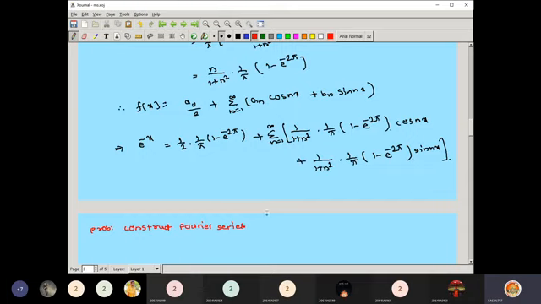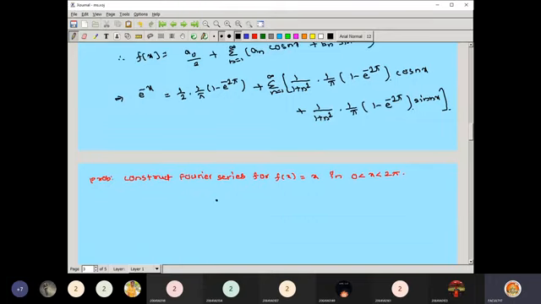Construct Fourier series for f of x equal to x in 0 less than x less than 2 pi. So they have given one interval and a corresponding function and are asking to construct the Fourier series. Same steps, same procedure.